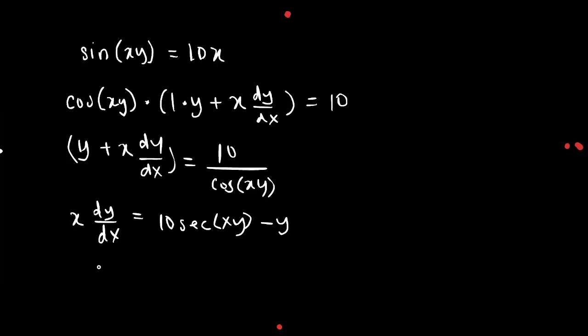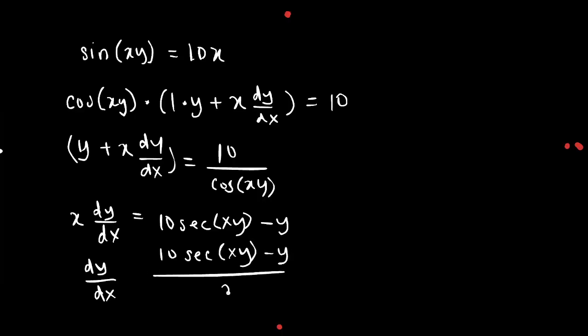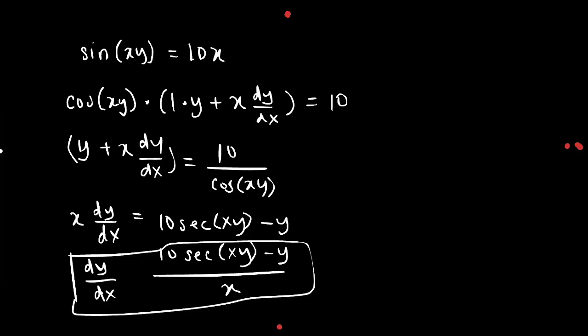Now, isolating for dy/dx, we get our answer of 10 secant xy minus y, divided by x. This here is our answer. All right, so hopefully this is making sense.